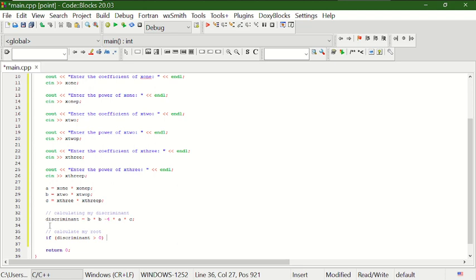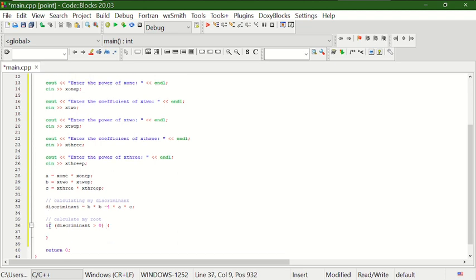I want to open a function, so open and close curly bracket. So in this function, I want to say root 1 double, should be equal to what? Root 1 should be equal to, in brackets, minus b plus the square root.